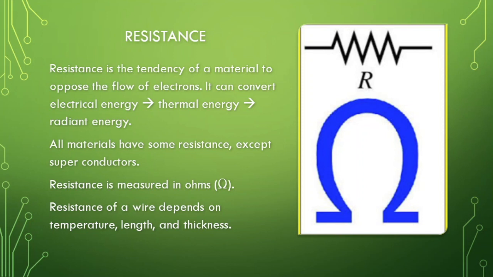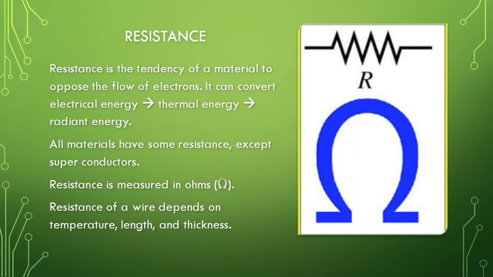The other thing that affects resistance is the thickness of the electrical wire. Look around your house at things that use a lot of electric current, that need a lot of electrons to operate, like an electric dryer, and you'll notice the cord is very, very thick.